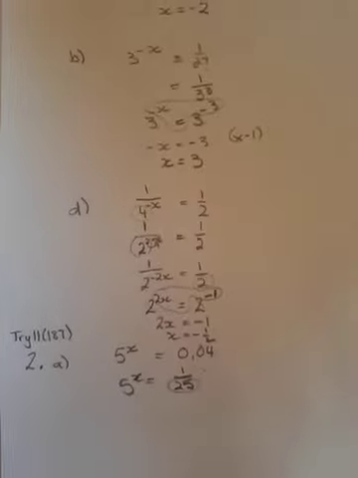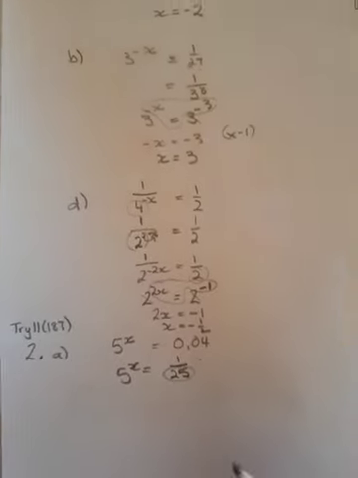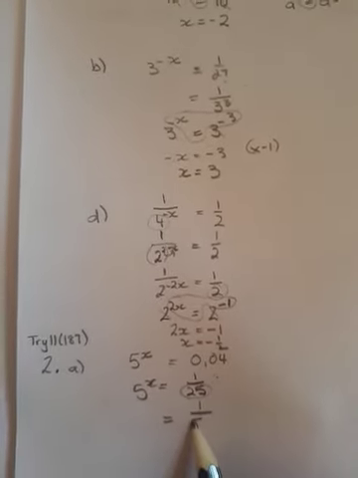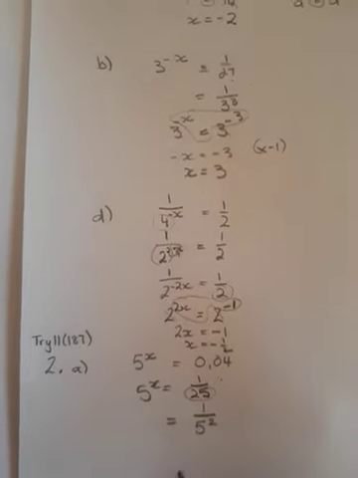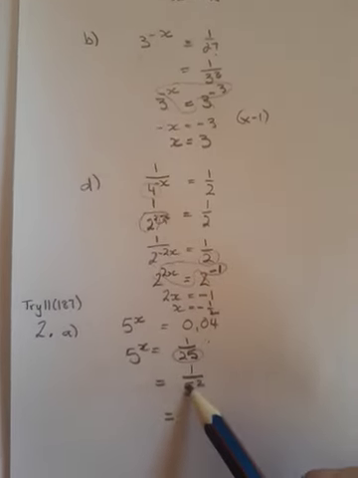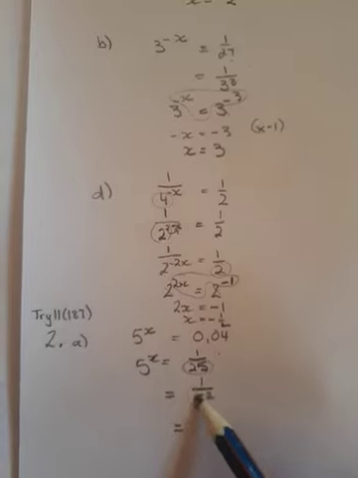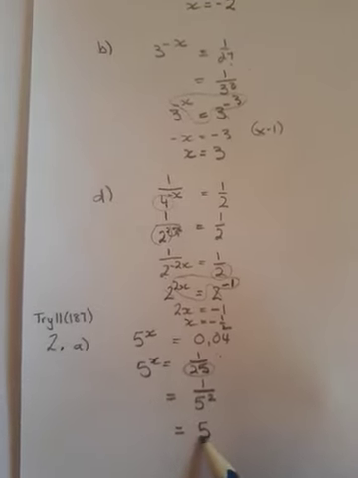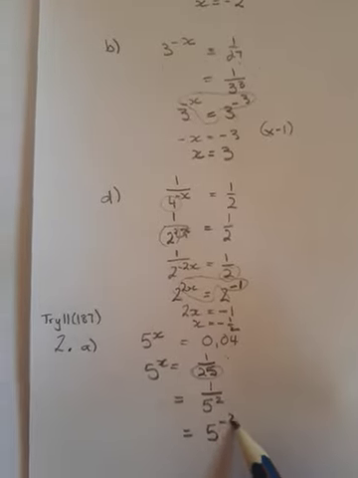1/25. Okay, and then once again 5 needs to be changed into its prime factors, right? You must get a base of 5, so that then becomes 5 squared. And now you apply the law of the negative indices or the fractions. Okay, this is a fraction, so it becomes a whole number with a negative index.